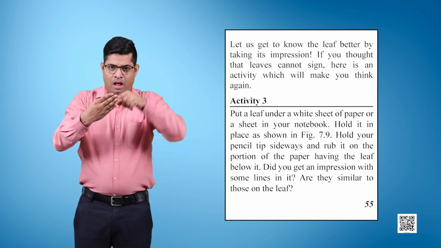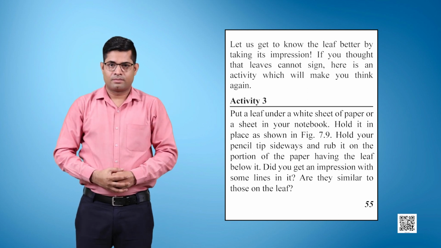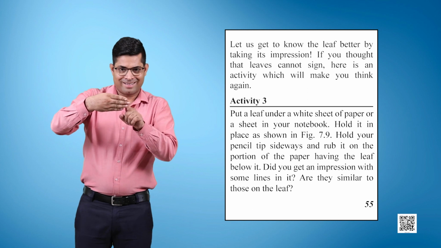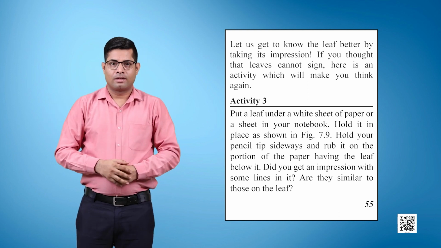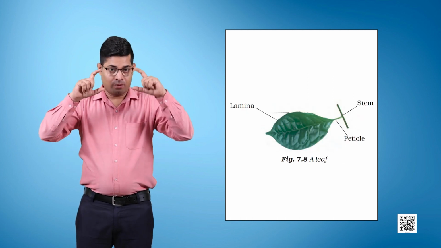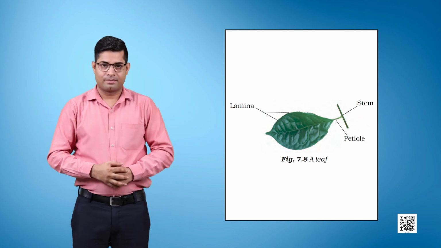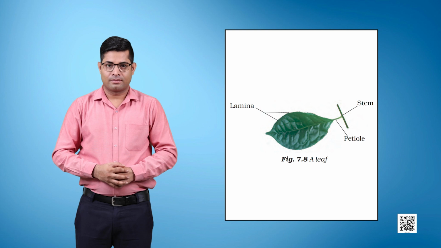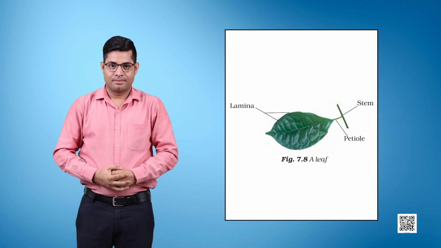Let us get to know the leaf better by taking its impression. If you thought that leaves cannot sign, here is an activity which will make you think again. Figure 7.8 shows a leaf, different parts of leaf, lamina, stem and petiole.